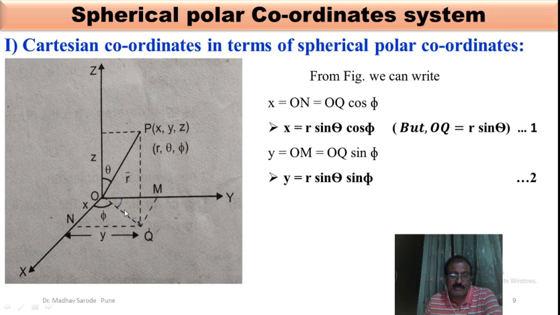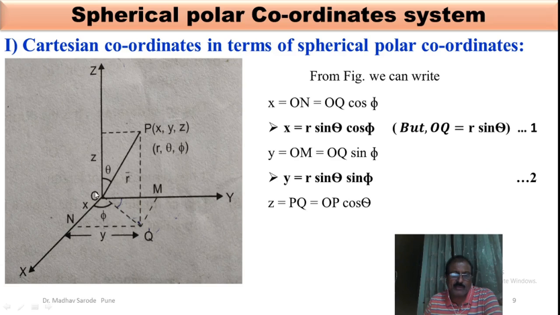The third equation is z, and z is nothing but PQ. By using trigonometry, this angle is theta. How do we determine PQ? This is a right angle triangle, with the hypotenuse r and the adjacent side z. So z divided by the hypotenuse OP, which is r, gives cos theta.